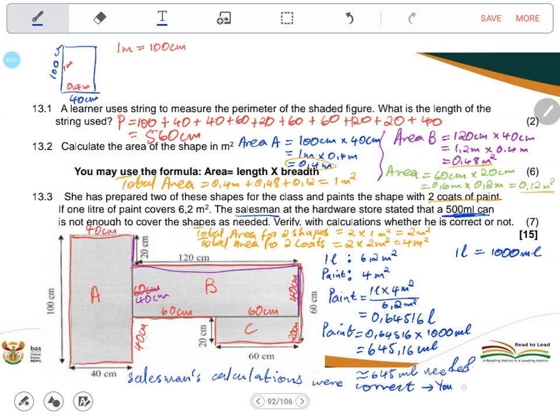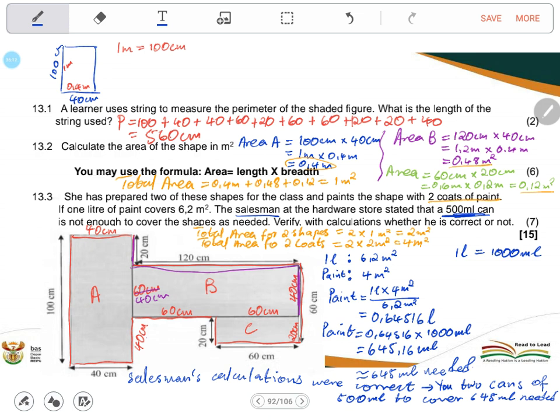You need 2 cans of 500 milliliters to cover the 645 milliliters needed. All right, so that's what this calculation means, and that's just about it.